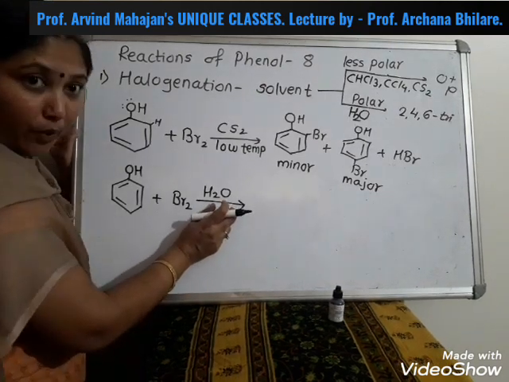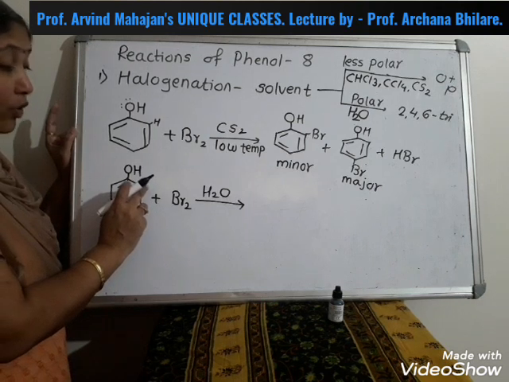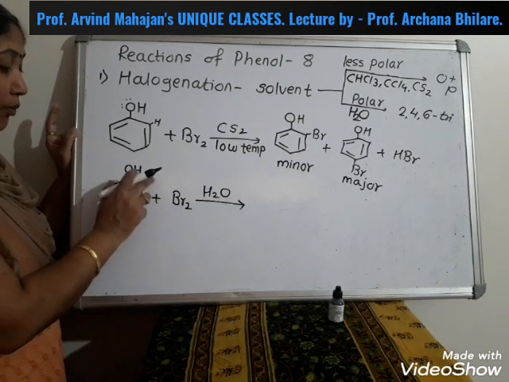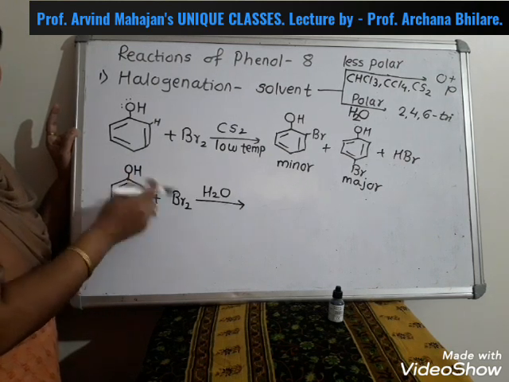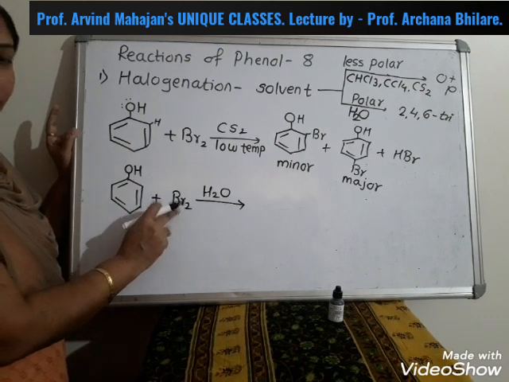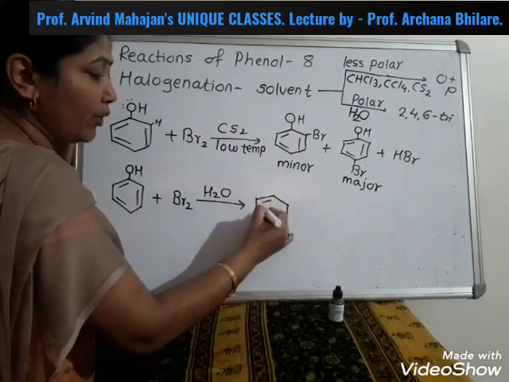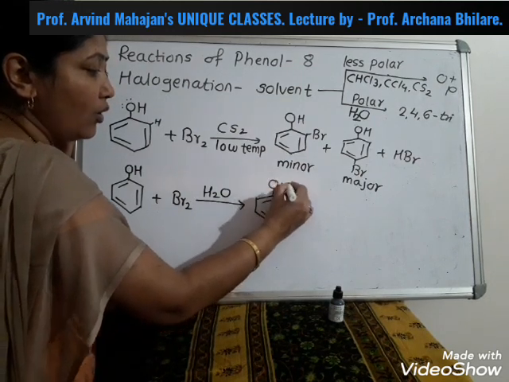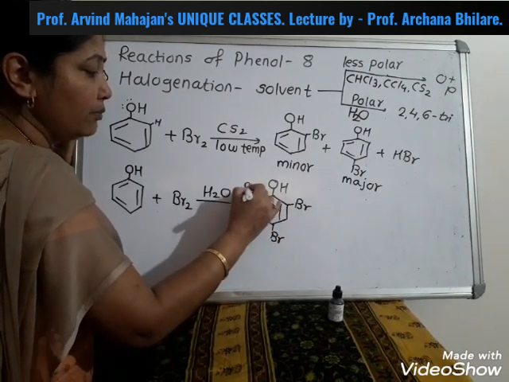As water is polar, it creates poles in this molecule. So most polar positions are both ortho and para. So both ortho and para positions get activated and these hydrogens at ortho and para are replaced by Br and we get the product as OH, Br, Br and Br.